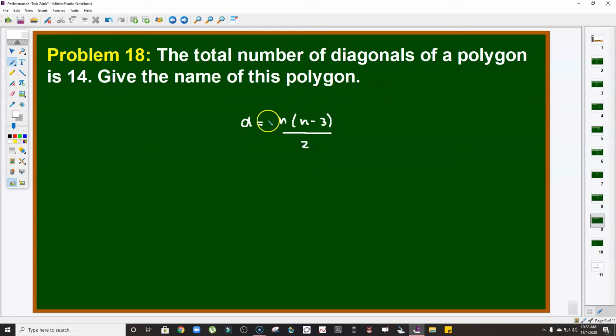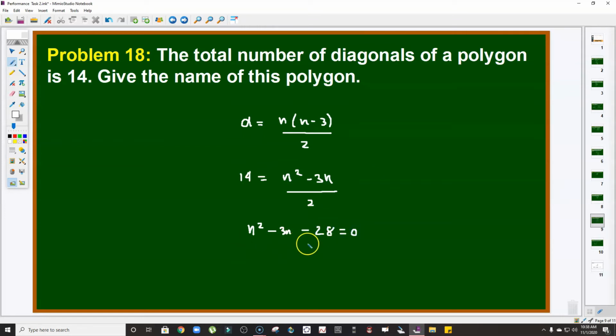Just substitute 14 in place of d. Then we have n squared minus 3n over 2. From here, n squared minus 3n equals 28. Then transposing, that will be n squared minus 3n minus 28 equals 0.